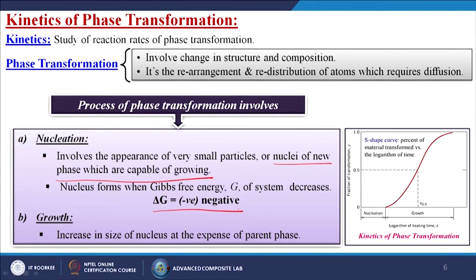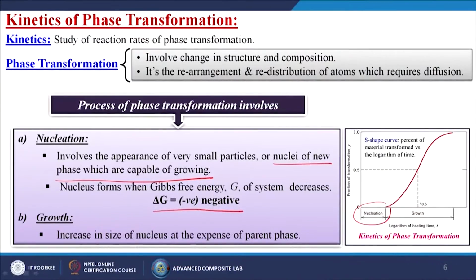Growth is the increase in size of the nucleus at the expense of the parent phase. Now it has been born and will become bigger and bigger. This is the nucleation, and then the growth starts tremendously, and this is the graph of fraction of transformation versus logarithm of heating time.